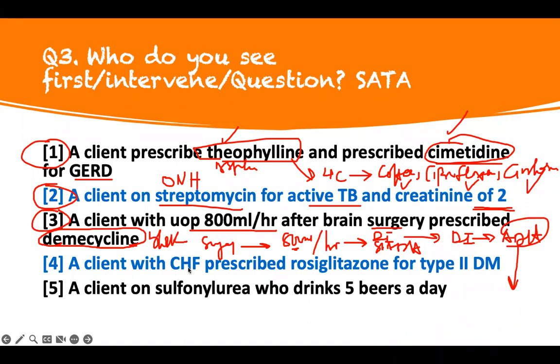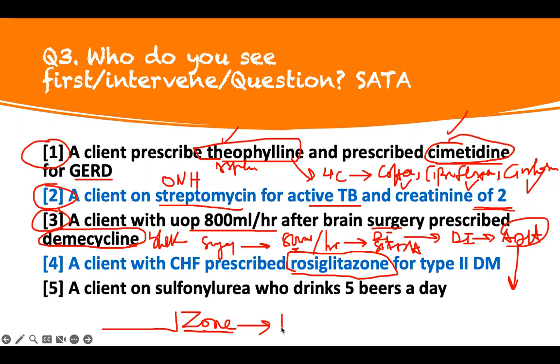A client with CHF prescribed rosiglitazone. If you've never seen these medications before, you should pay attention carefully. These are medications we give to diabetic patients, and I call them the zones. They have the first name, something like rosiglitazone, or there's another group of them, but their last name is zone. When you see them, worry about it. This is for type 2 diabetes.